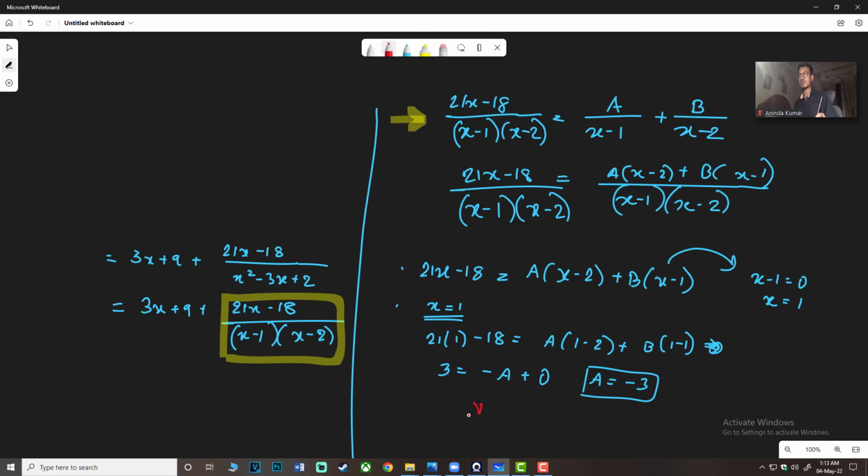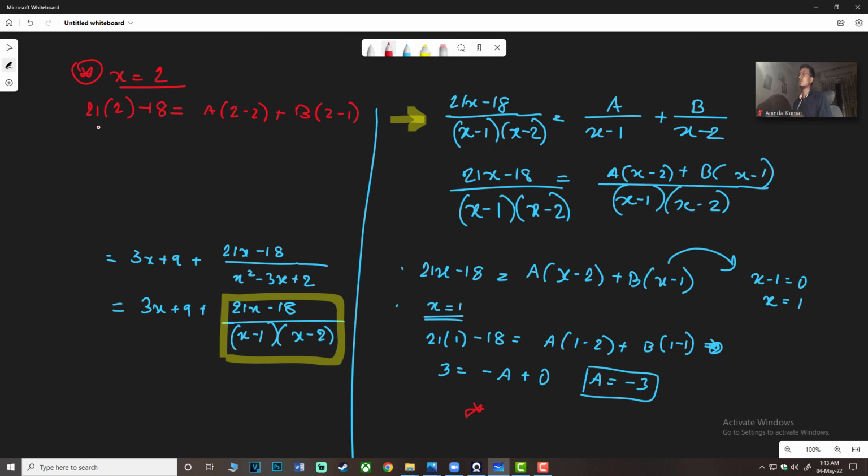Now, continuing from here. Similarly, what should I take the value of x to be to vanish a? 2. So the value of x will now be 2. 21 into 2 minus 18 equals a(2 minus 2) plus b(2 minus 1).